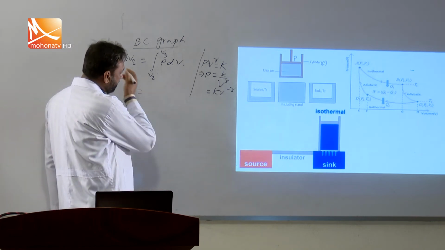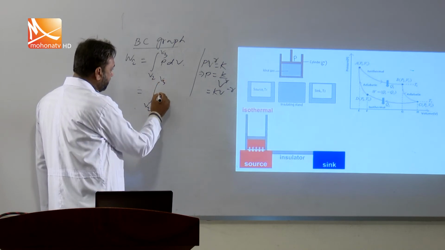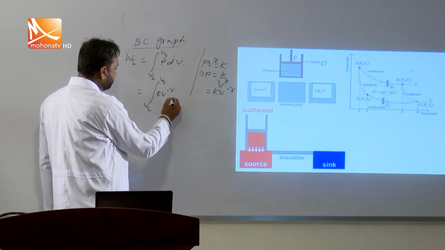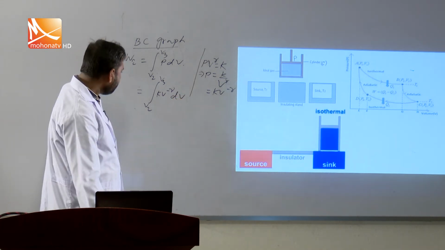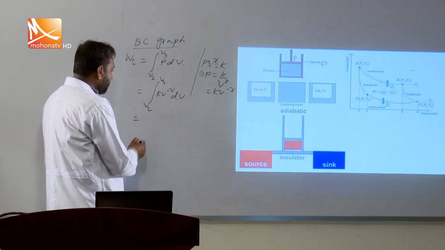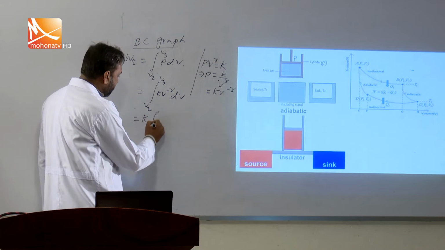So the integration from V2 to V3 of K V to the power minus gamma dV. Here K is a constant, so we can write the constant outside of the integration.